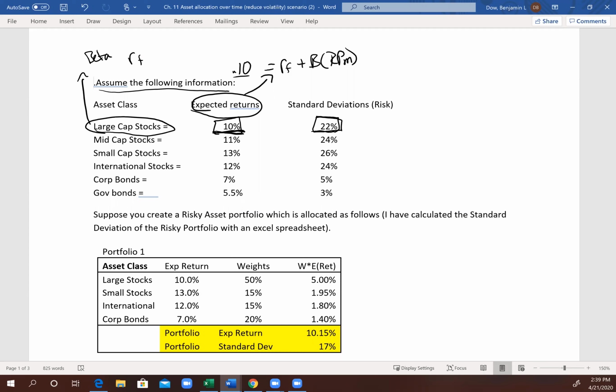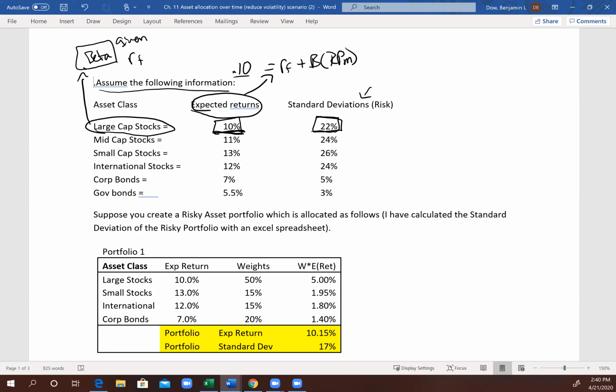So if you went and looked, you'd probably go to Morningstar, library.morningstar.com, pull up a mutual fund, look around, and you'll be able to find the beta. It will be given, and so will the standard deviation.